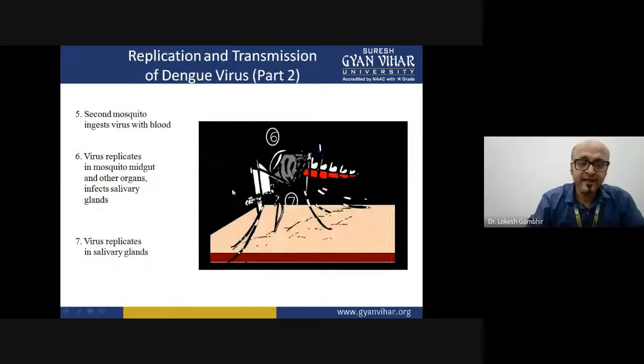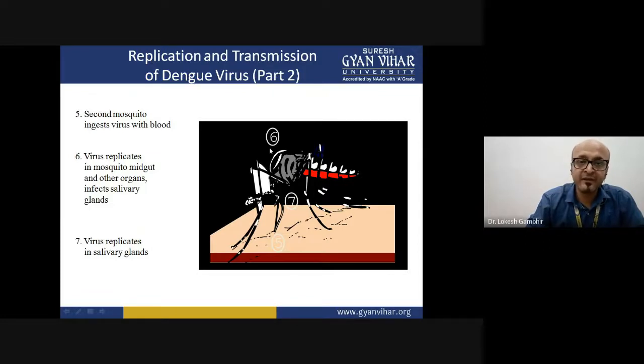Fine. And in that condition, when the mosquito bites the infected individual, the virus will go inside the midgut and starts replicating. Because of the replication and increase in the viral load inside the midgut of the mosquito, it crosses the barrier and reaches into the blood, and from the blood it reaches different organs of the mosquito.